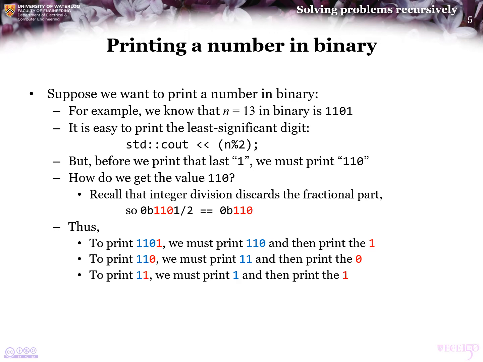To print the 2 bits 11, we must first print the first bit 1 and then we can print the second 1, which we found again using modulo. And to print a single bit 1, well, we just print that bit. That sounds like a recursive algorithm.